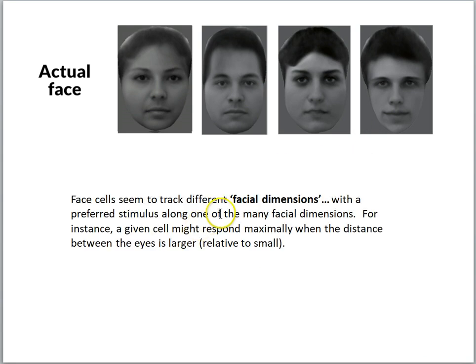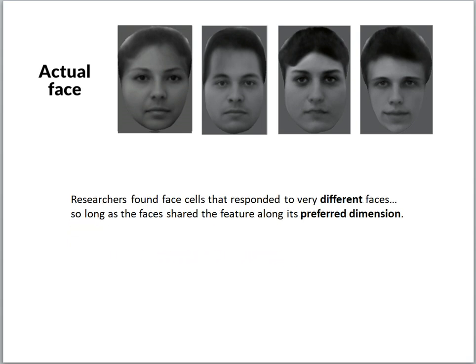One of the ideas is that face cells maybe aren't responding to unique faces, as in the sparse coding view, but maybe they're tracking facial dimensions with a preferred stimulus along one of the many facial dimensions. For instance, a given cell might respond maximally when the distance between the eyes is large rather than small.